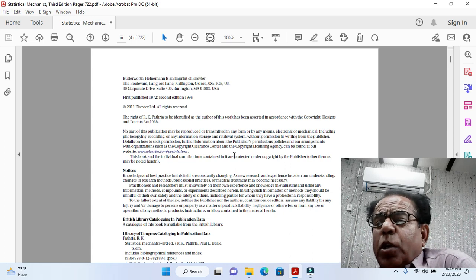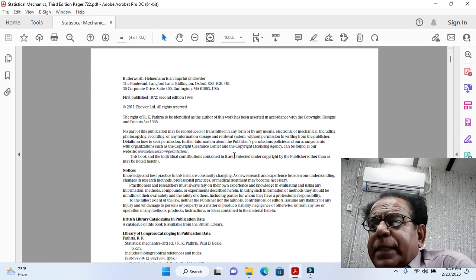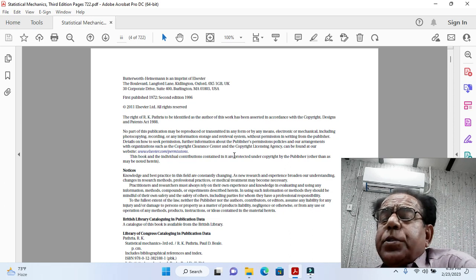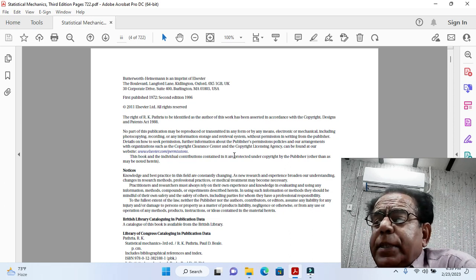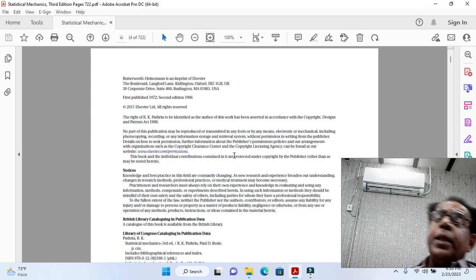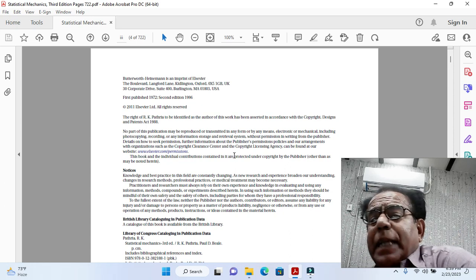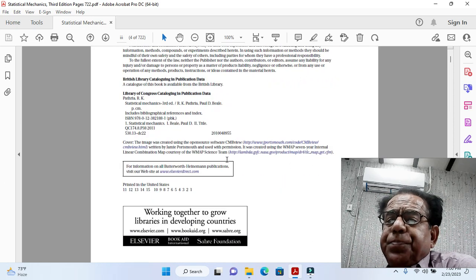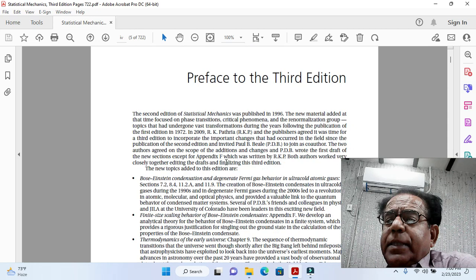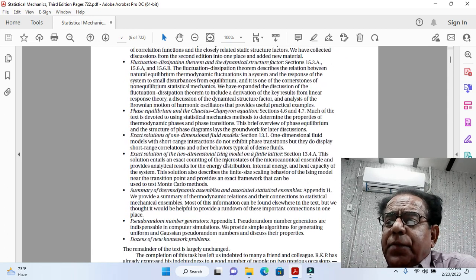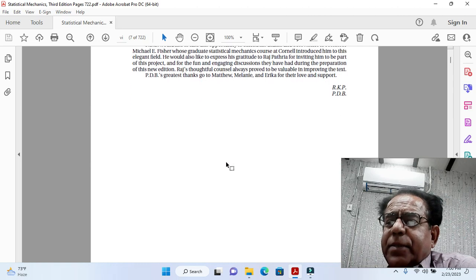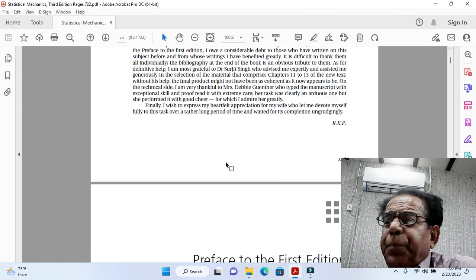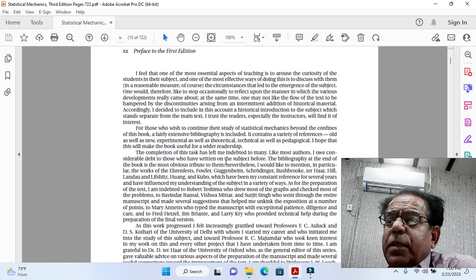This book's first edition was published in 1972 and the third edition in 2011. So the period between 1972 and 2011 is covered in only three editions. So I hope this book will convey better results, I expect.